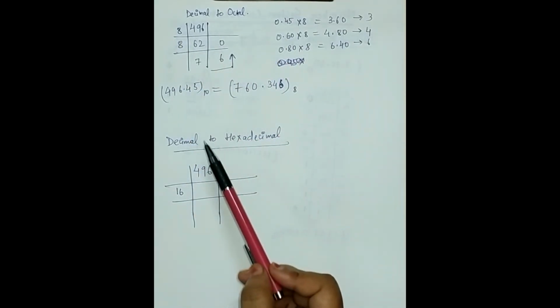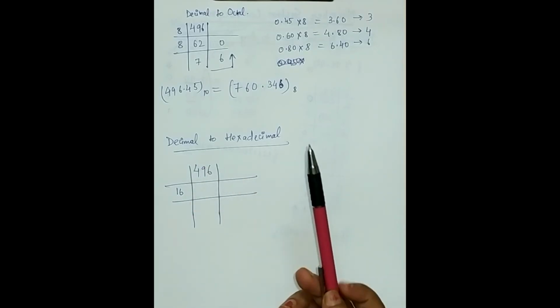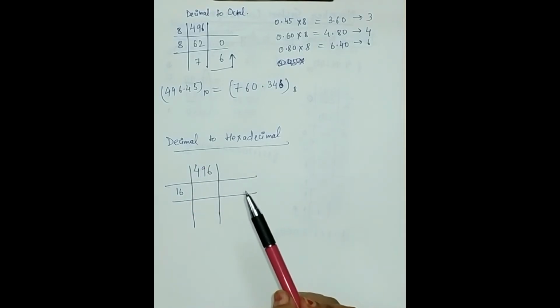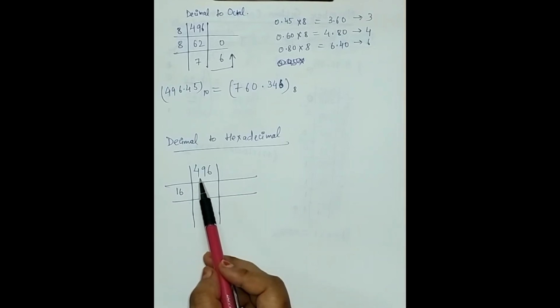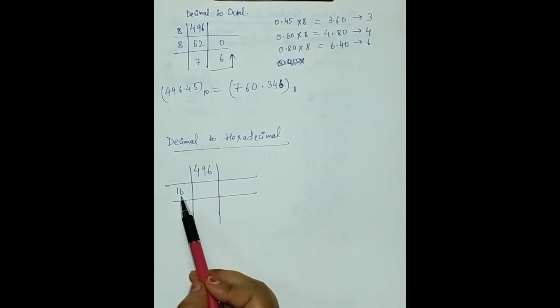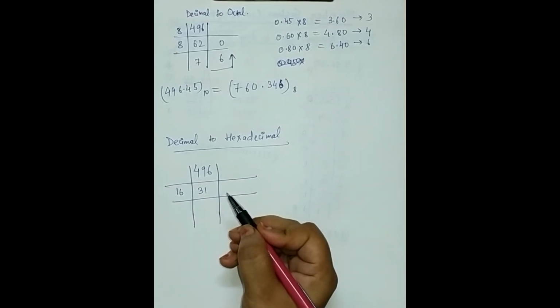We'll jump to the hexadecimal. In hexadecimal you follow the same procedure, but I am explaining it because you can make a mistake. Suppose you are dividing 496 by 16. It will be 31. I hope you know the table of 16.